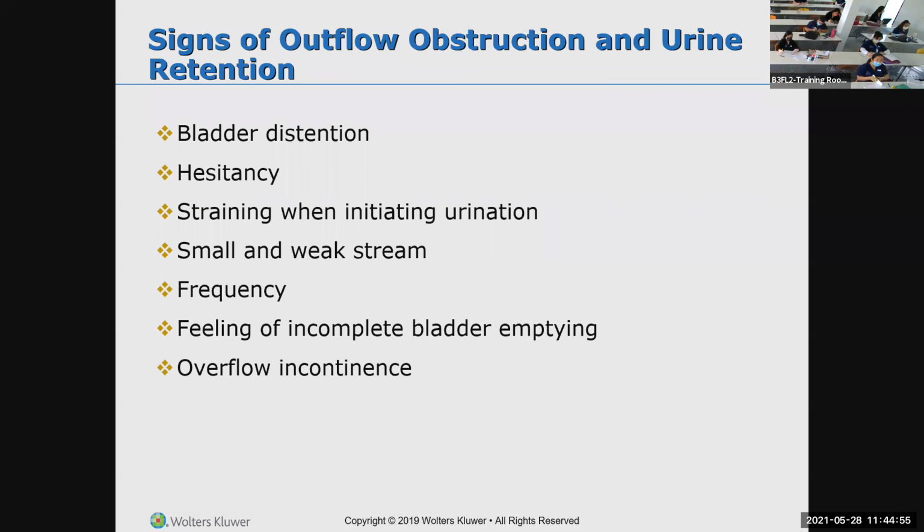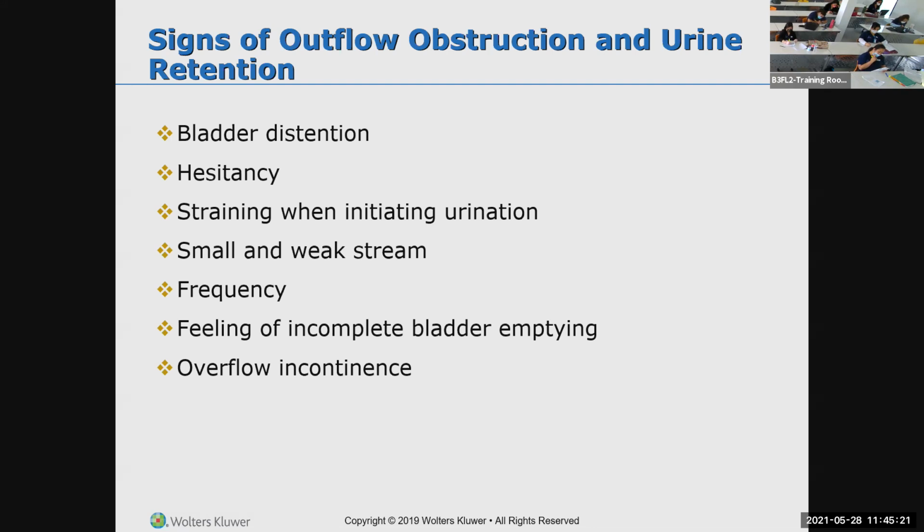Signs of outflow obstruction and urine retention: distension of the bladder will take place, hesitancy, straining when initiating urination, small and weak stream, frequency.